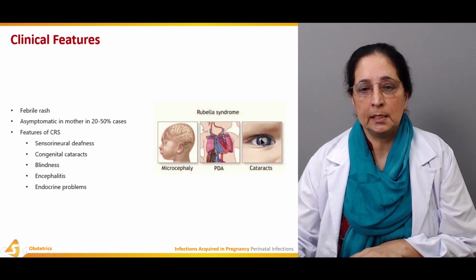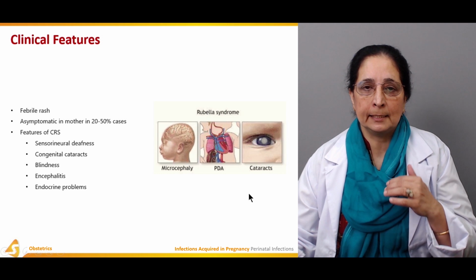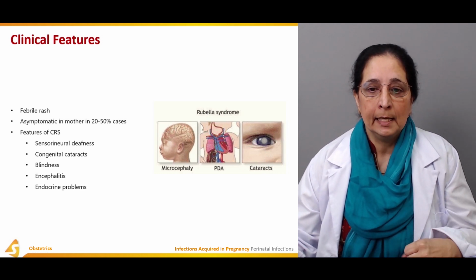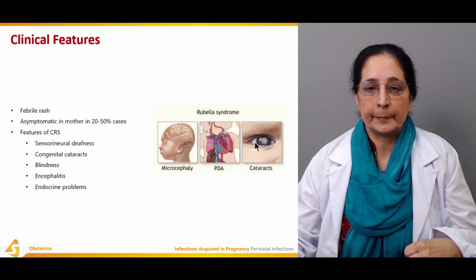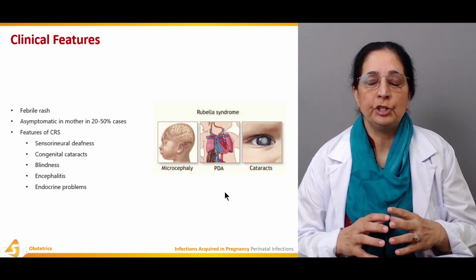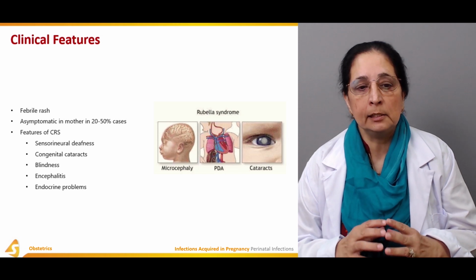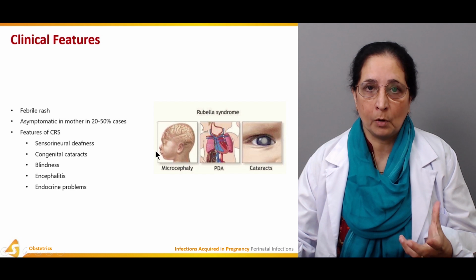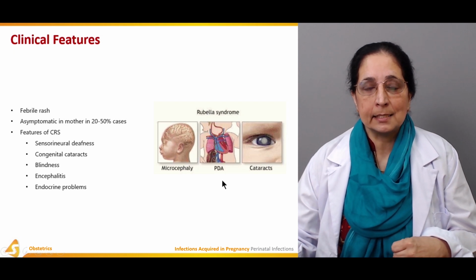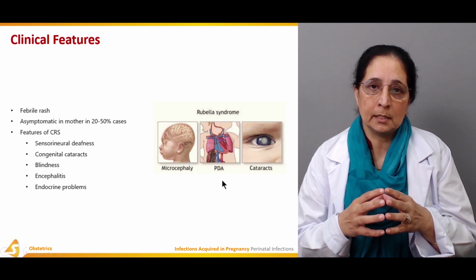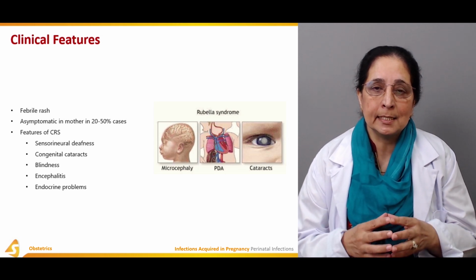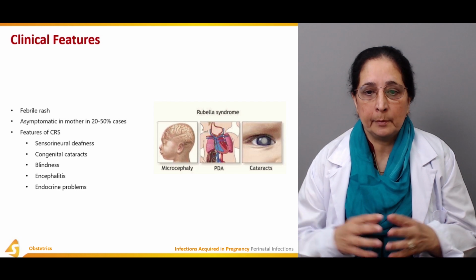If you see, this is the cataract, in which there is an opaque density of the lens. So all these are the features of congenital rubella syndrome: microcephaly, small head, patent ductus arteriosus. The ductus arteriosus remains patent and is not closed at birth.